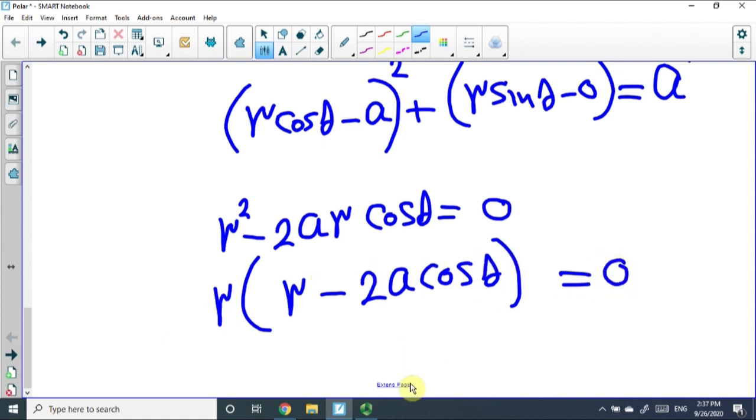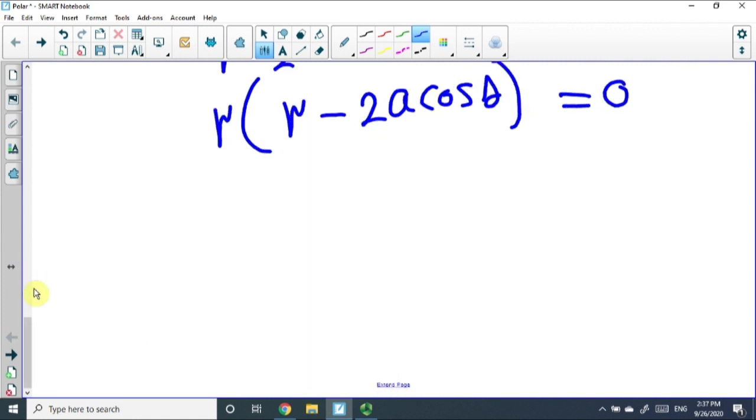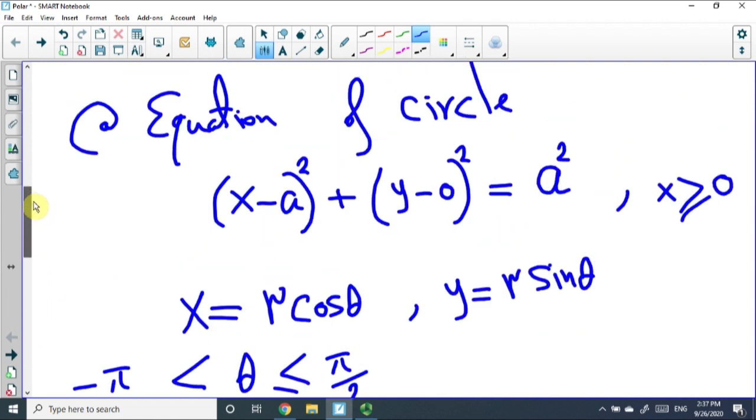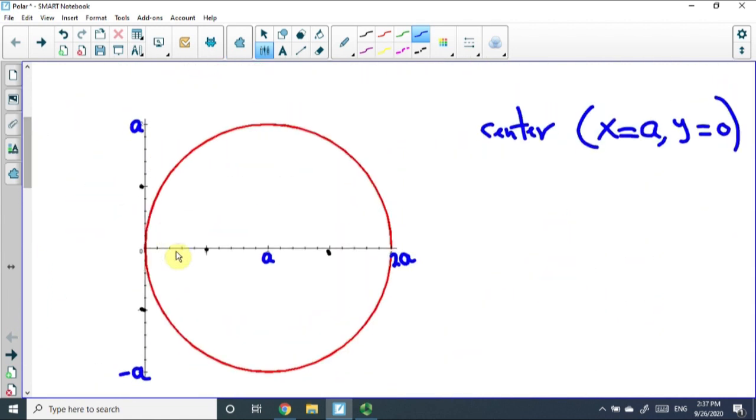Now from here we have to conclude the equation of the circle. At the beginning you would say there are two solutions to this equation: either r is equal to 0. However, r equals 0, even though it satisfies this equation, is not the solution for a circle, because r equals 0 is only at one location.